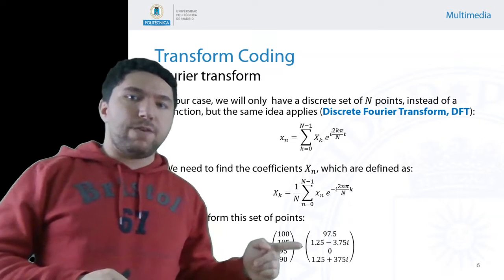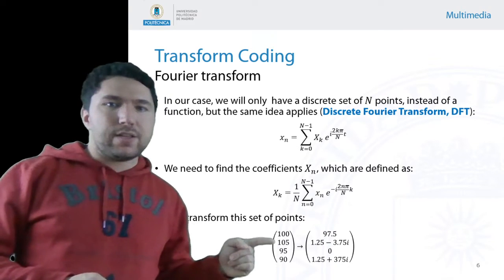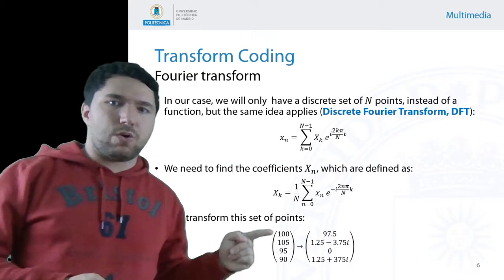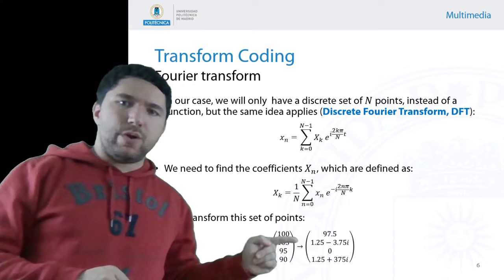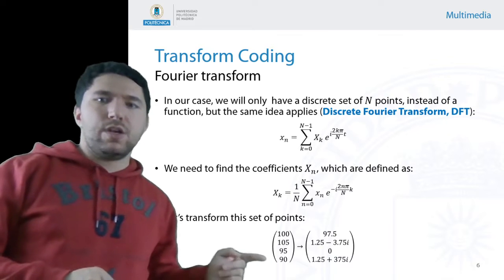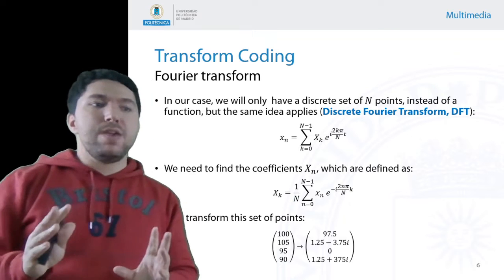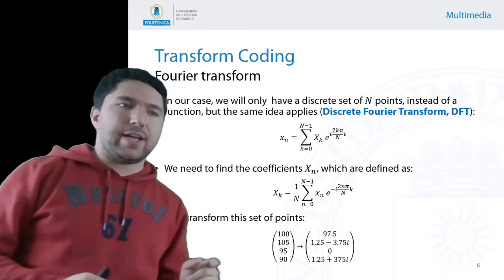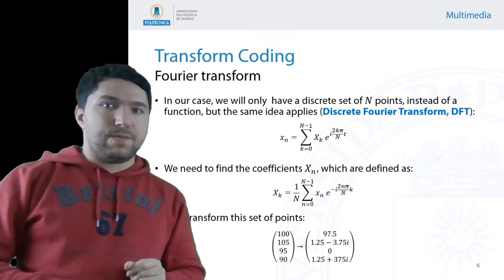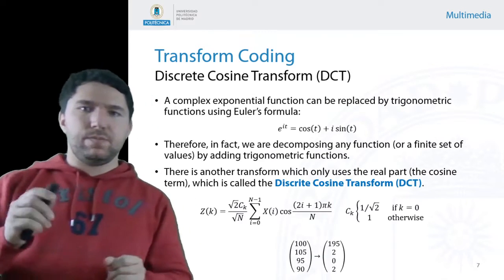And maybe with two values, I can already know that here I have 100, and here we have a value which is greater than, or sorry, with the first value we can know that the first two values are greater than the average, and the second two values are lower than the average. So maybe if I reconstruct, I can get here 100, 100, and 95, 95. So I already have something only with two coefficients. Okay.